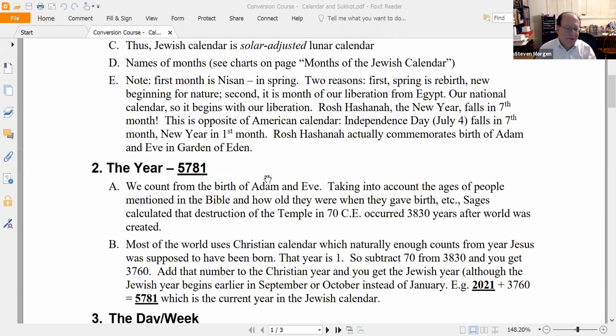And they based that on counting the ages of the people mentioned in the book of Genesis and when they begat their children. And if you work backwards, I guess that's how you count. Obviously, science tells us that the world is billions of years old. So I would just say that we use this as a symbolic idea that we're counting since the creation of the world, not an actual scientific counting.